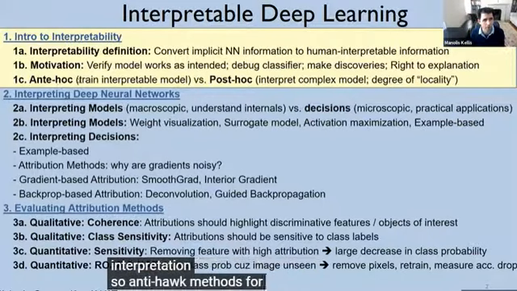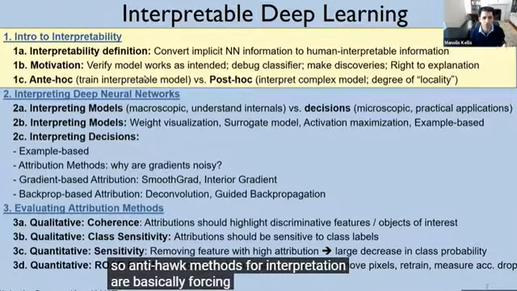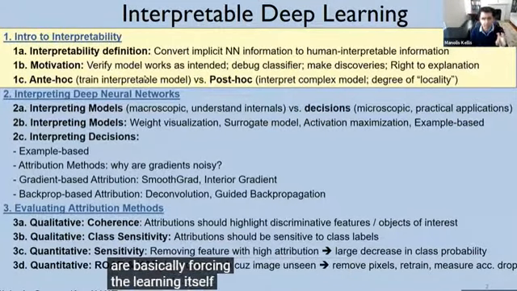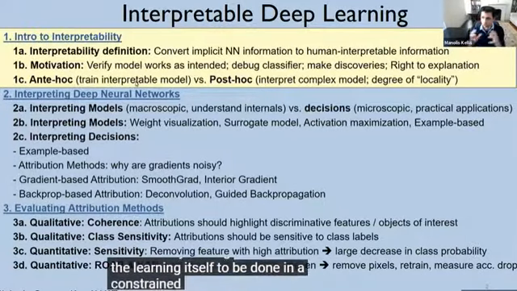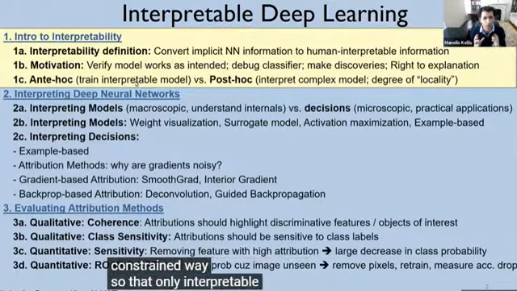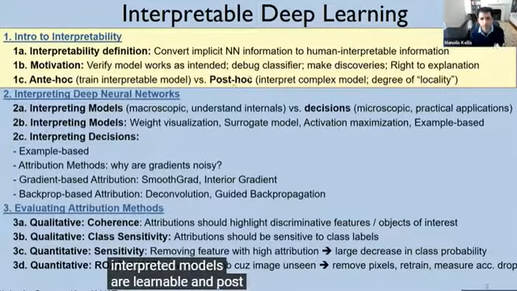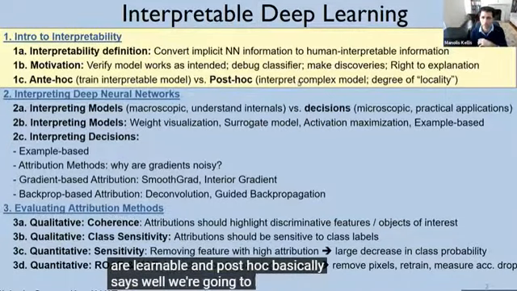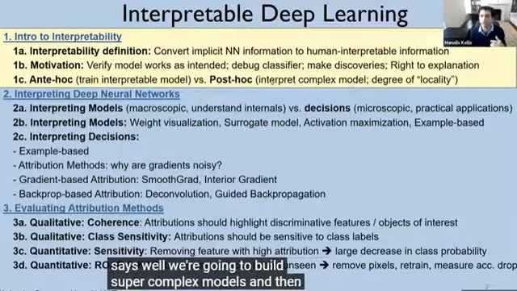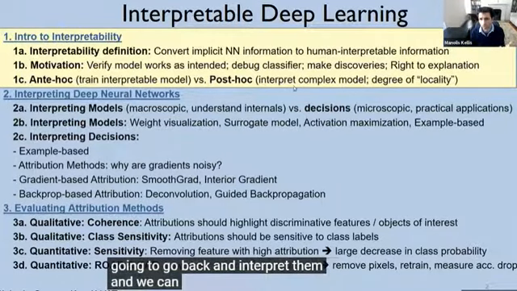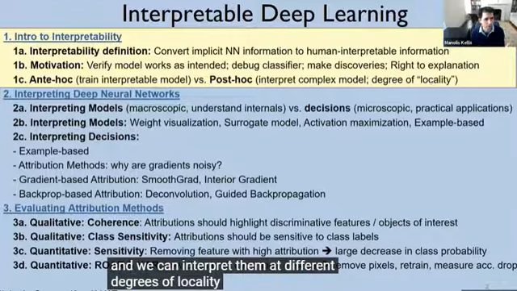So ante-hoc methods for interpretation are basically forcing the learning itself to be done in a constrained way, so that only interpretable models are learnable. And post-hoc basically says, well, we're going to build super complex models, and then we're going to go back and interpret them, and we can interpret them at different degrees of locality.